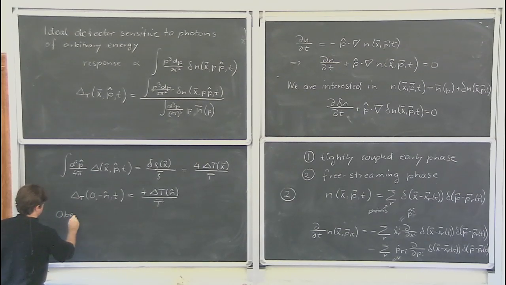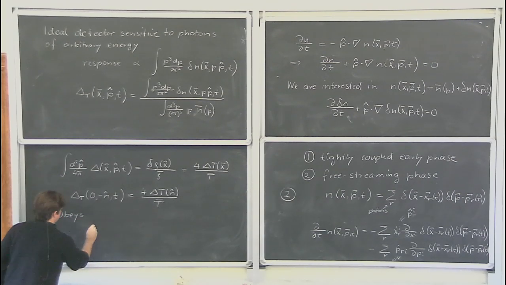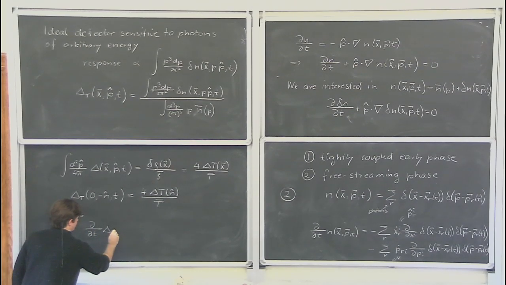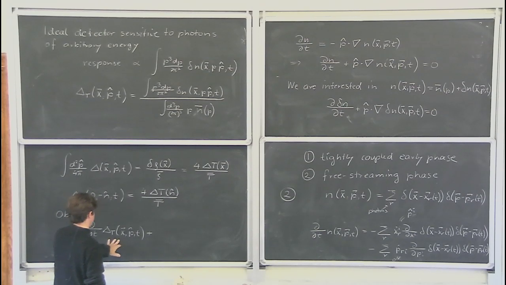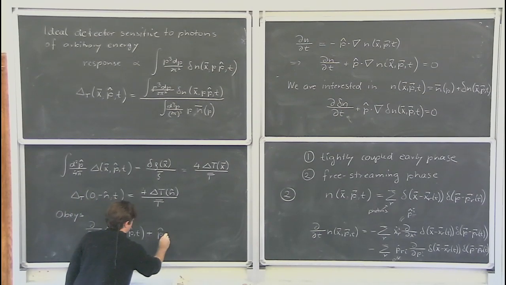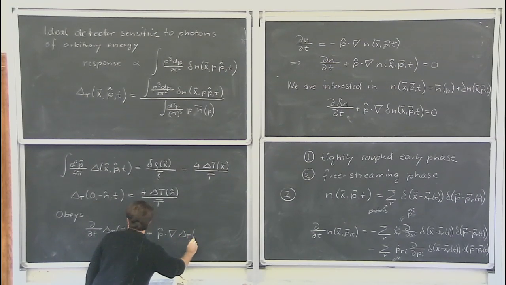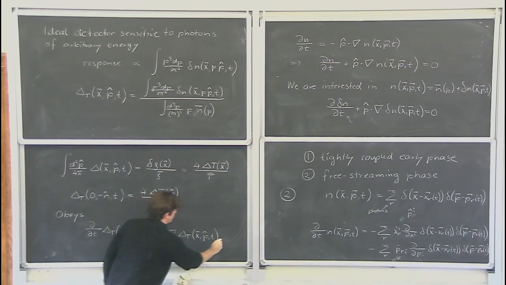So this quantity still obeys d by dt delta t of x, p hat, and t plus p hat dot the gradient of delta t of x, p hat, and t is equal to 0.